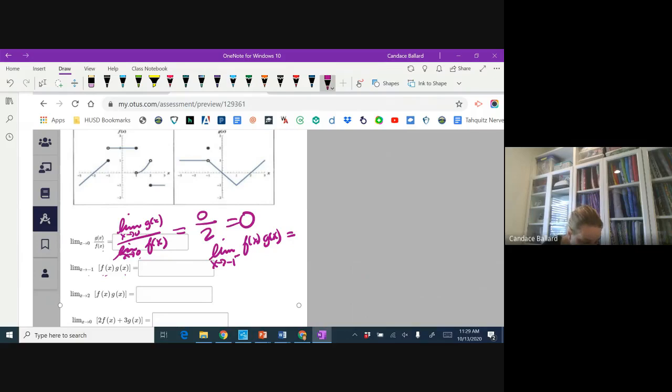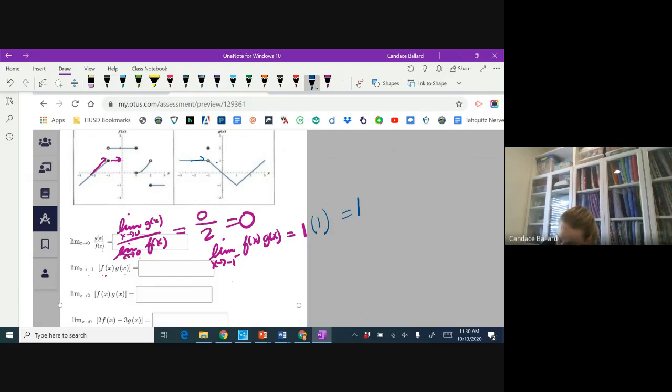Coming at f of x from the left, it looks like I am going to 1. And coming at -1 from the left of g, it looks like I am going to, I said -1, I meant +1. So my overall limit there is 1.